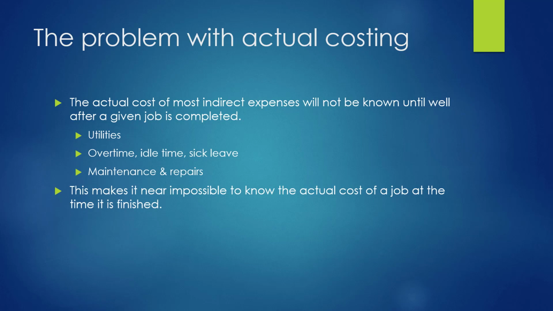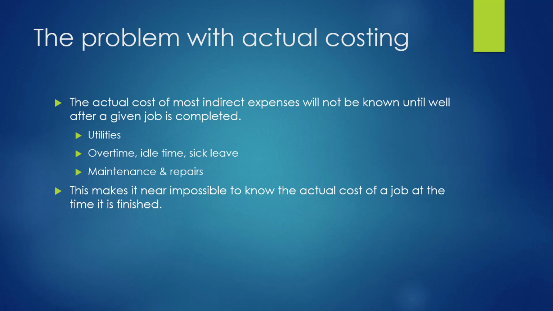You go through and instead of saying this is how much actual overhead costs we incurred, you look at what happened in the prior periods, and you'll know that normally you spend a certain amount on utilities, somewhere in the ballpark. Normally, production requires a certain amount of overtime based upon how many jobs that you have. Normally, people call in this many days sick during a period, and normally this is how often things break down.